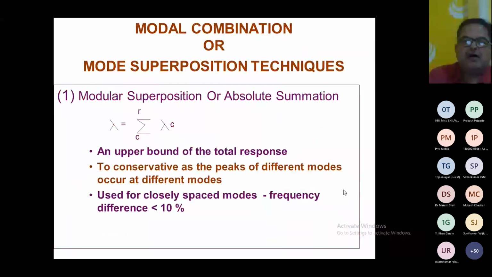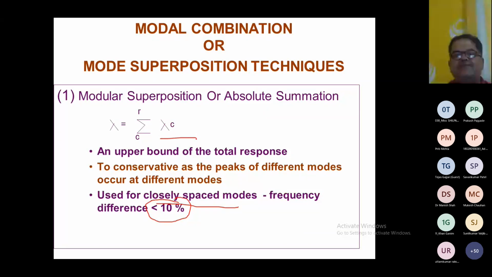We have a mode superposition or absolute summation method, right? We have different modes, and if these modes are closely spaced, meaning the frequency is in a range of less than 10% variation, then we can use this combination.